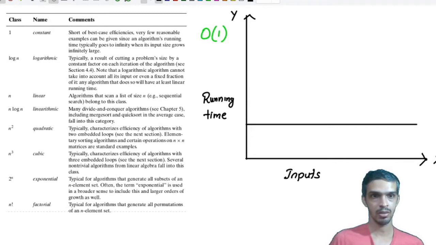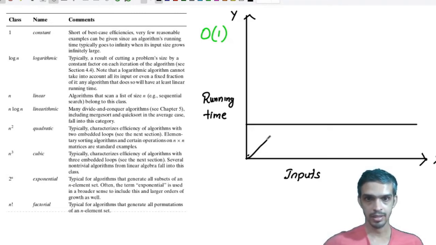Then another important complexity class is linear. Linear complexity means it increases with the number of inputs. So the graph of linear will be like this. That will be a straight line.